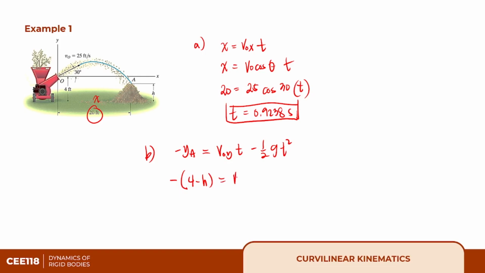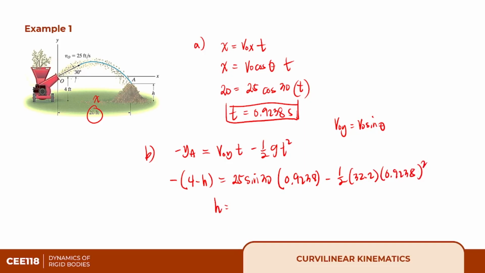VOY is equal to VO sine theta. So that is 25 sine 30 times 0.9238, minus 1 half times 32.2, since this is English units, times 0.9238 square.